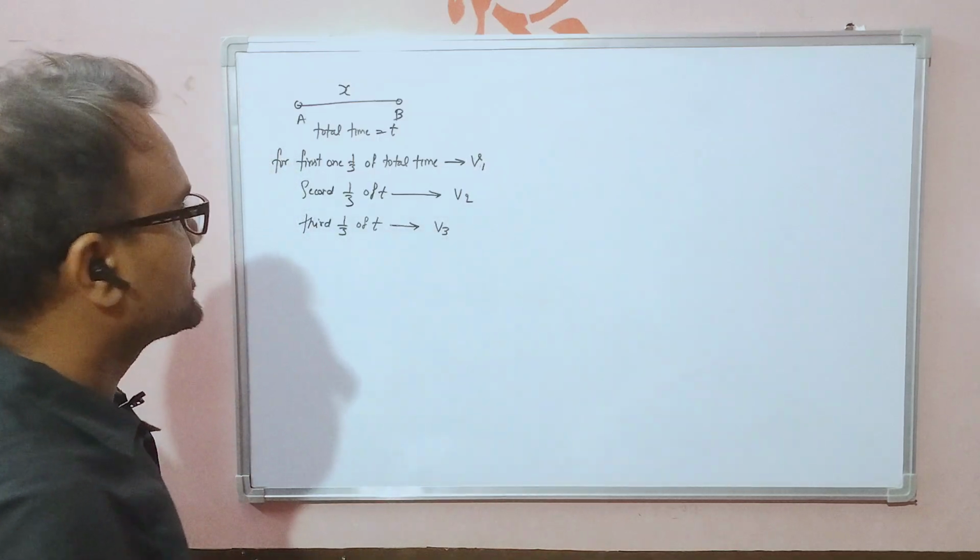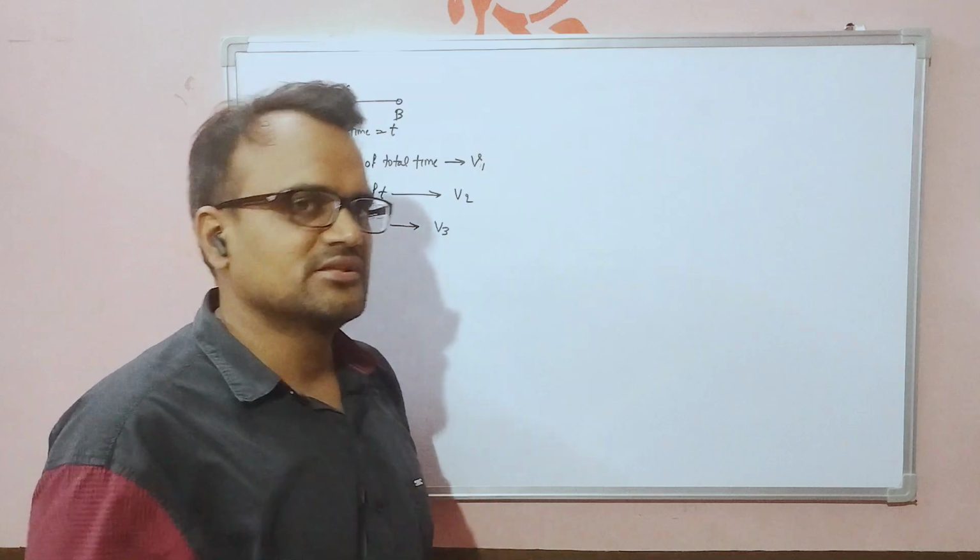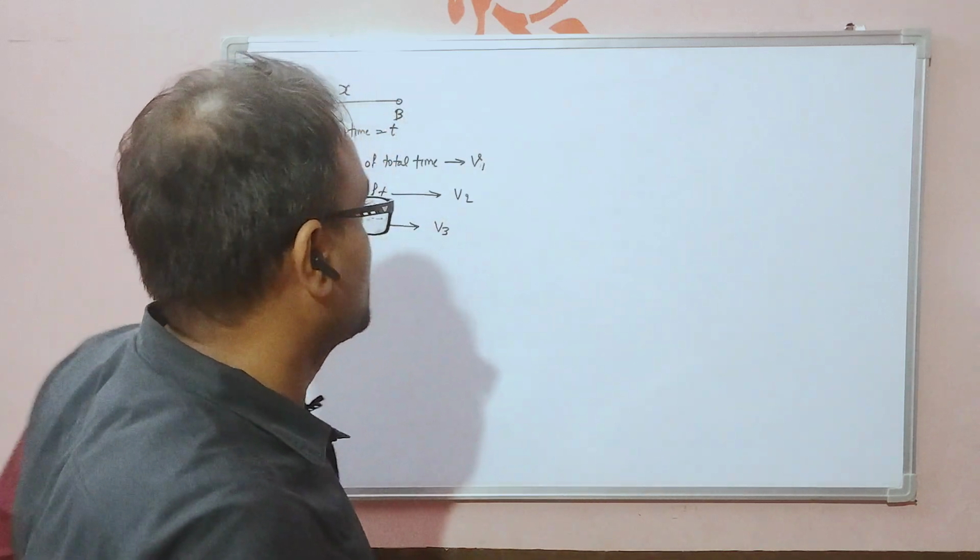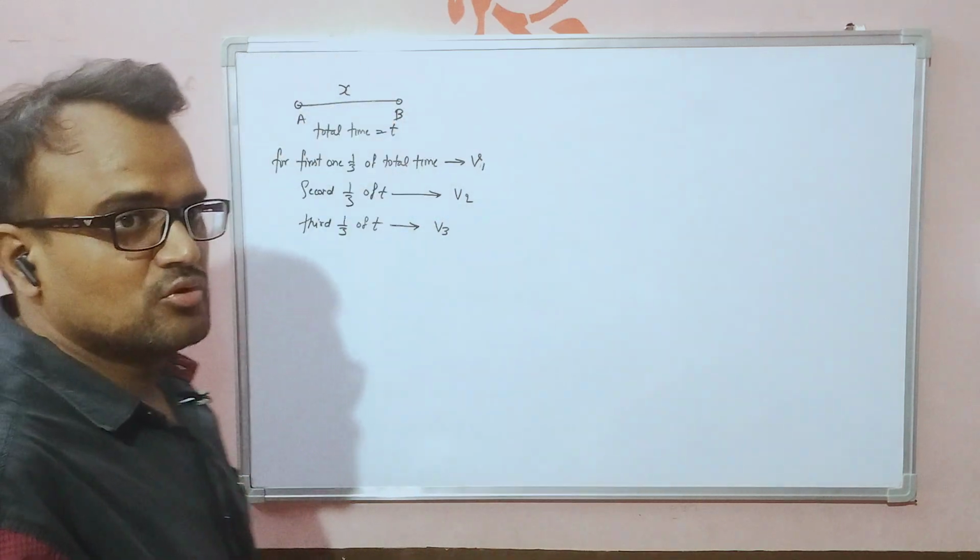Now the question is what is the average speed, or what we can say the average velocity, because this is the case of the one dimensional motion, so we can say both are equal, right?